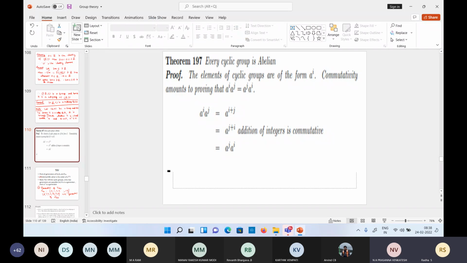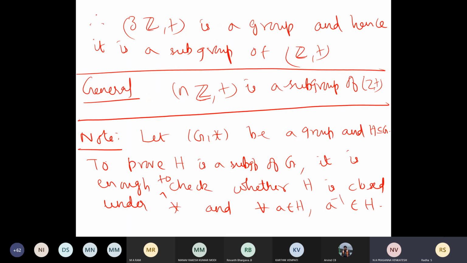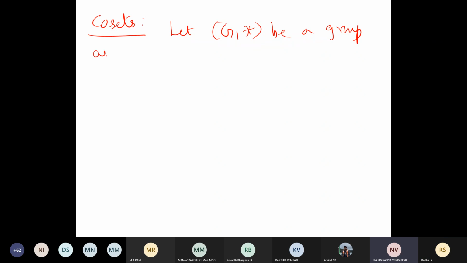Something more I want to add. I need to say something about cosets. Before that, I'll say Lagrange's theorem. Let G, comma, star be a group, and let H, comma, star be its subgroup.